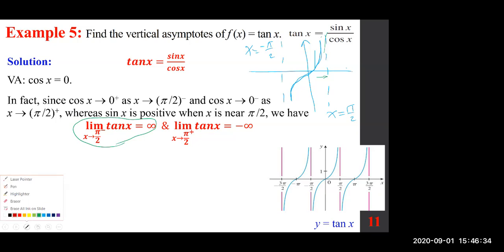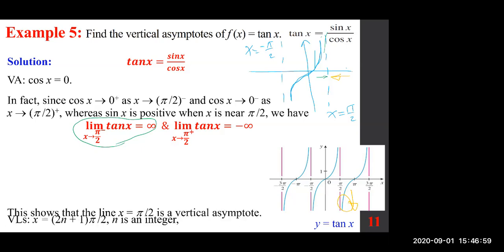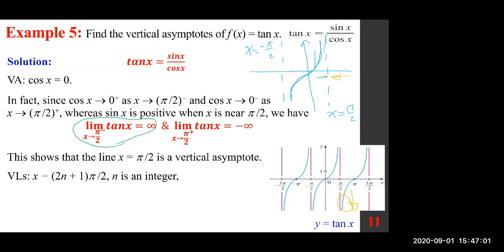Let's just pick this one. If we are on this side, everybody, that means really this part. Do you see that? If we are on the right side of pi over 2, then tangent is approaching negative infinity.